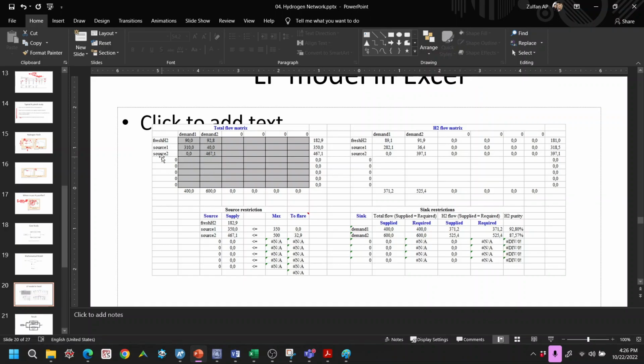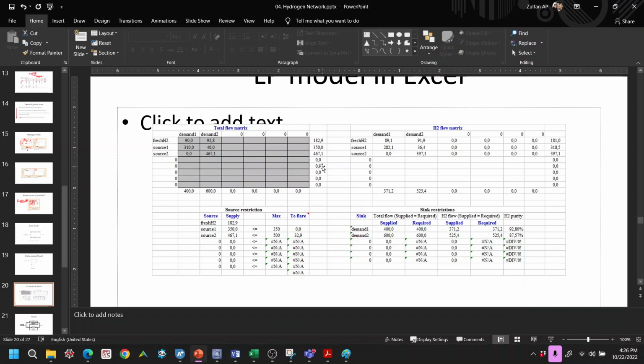I have fresh hydrogen, it goes to demand 1 and then to demand 2. Source 1 goes to demand 1 as a reuse and to demand 2 as a recycle. Source 2 goes to demand 1 as a reuse, and to demand 2 as a recycle. These gray boxes are the amount of flow rate which we don't know yet at the beginning. So these results are simply the results.